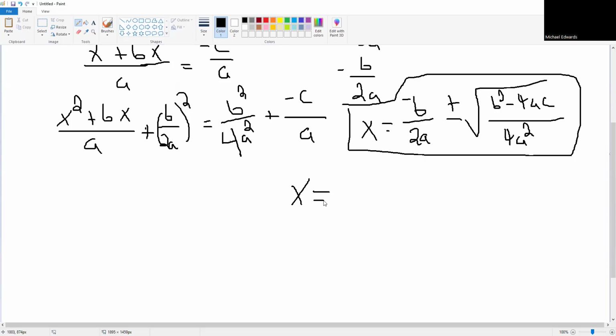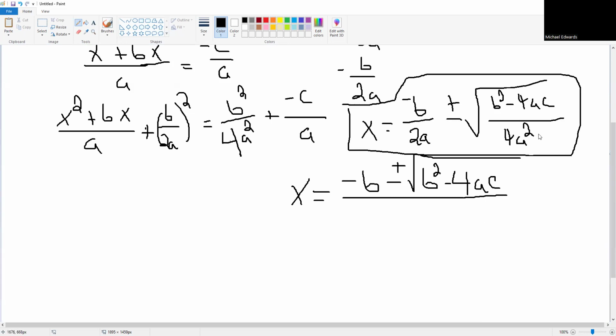So x equals negative b, plus or minus the square root of b squared minus 4ac, over. Now we've taken the square off of the 4a squared, so it should be just 2a. And that is the quadratic formula.